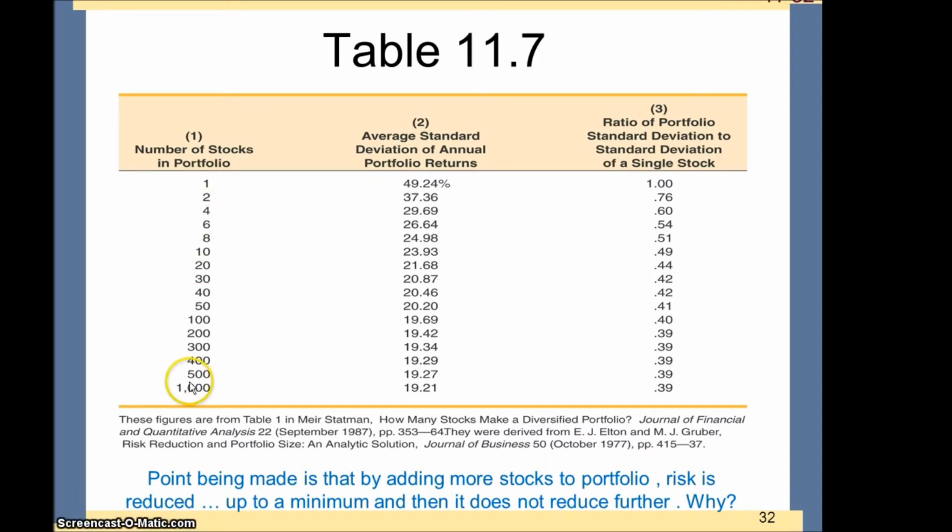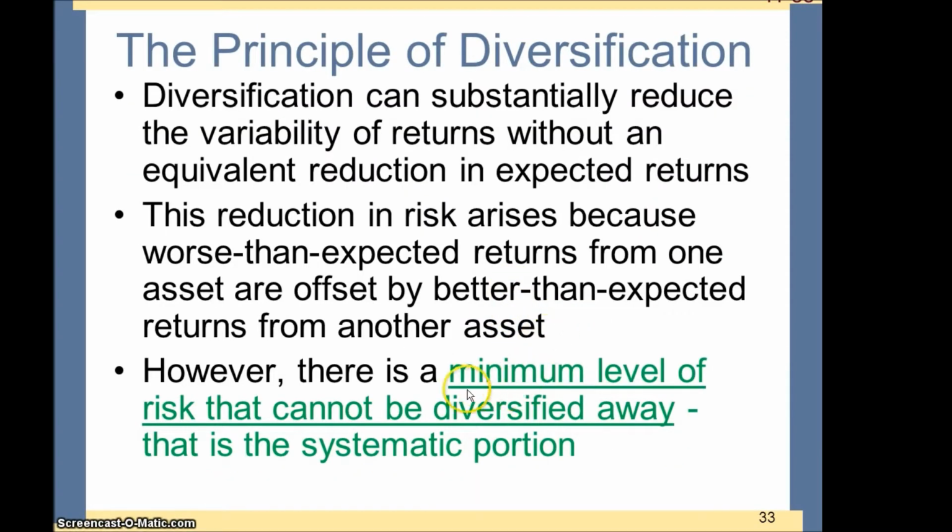The more different stocks that you invest in, the smaller the standard deviation. When the standard deviation is smaller, it means that the risk is lower. That's what you can see here. Let's look at the principle of diversification. There is a minimum level of risk that cannot be diversified away. What is that?